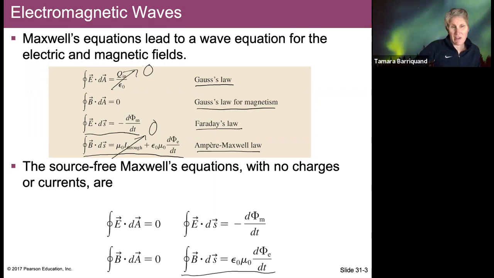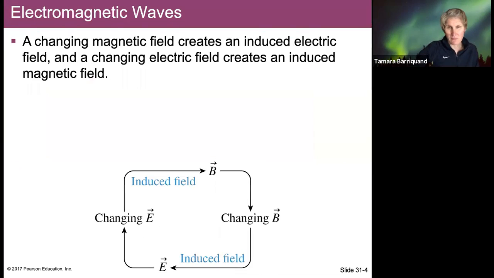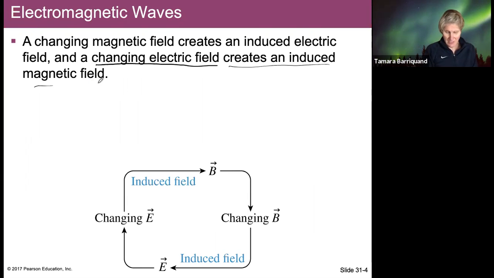So let's think about what these laws imply that give us electromagnetic radiation. The first idea is that a changing magnetic field creates an induced electric field. And also a changing electric field creates an induced magnetic field.